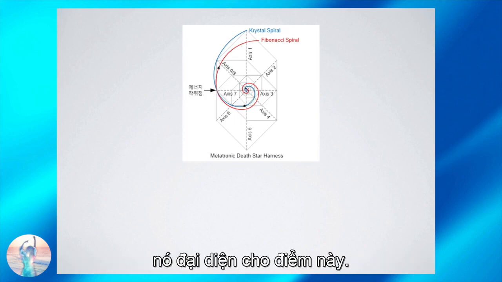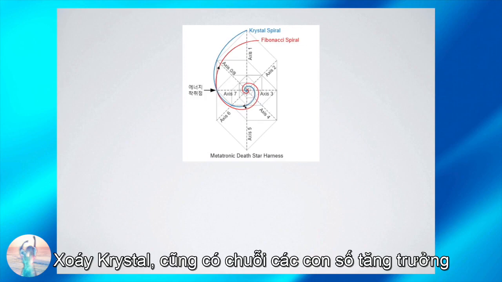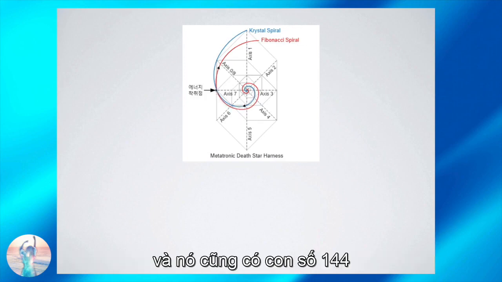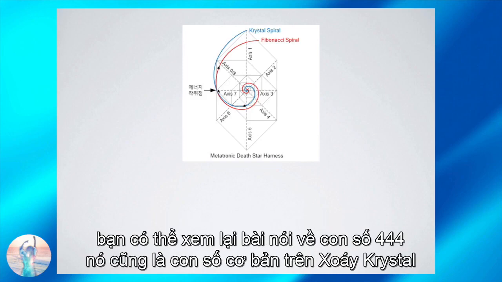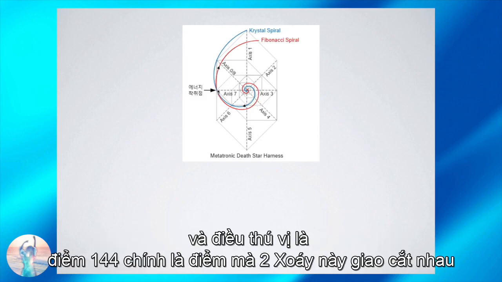Now, the crystal spiral also has a number progression sequence, and it also has 144 on it as well. You'd have to see how it was actually calculated. I've done another separate post on that, but the number 144 is basically on the crystal spiral as well. And interestingly, 144 is the point where they both cross.